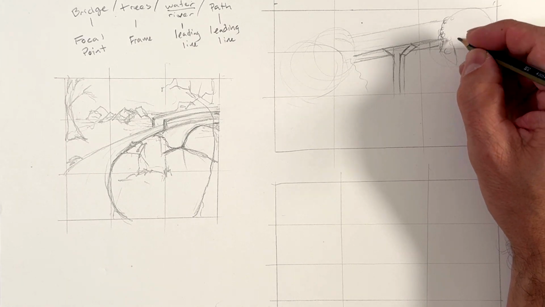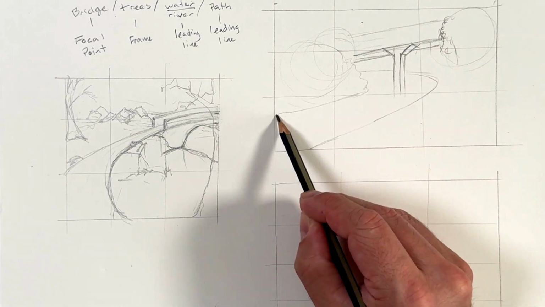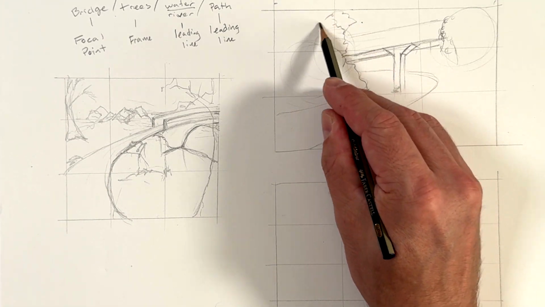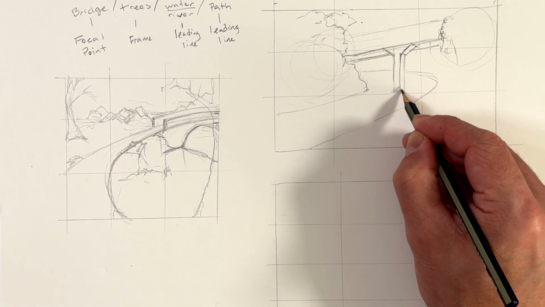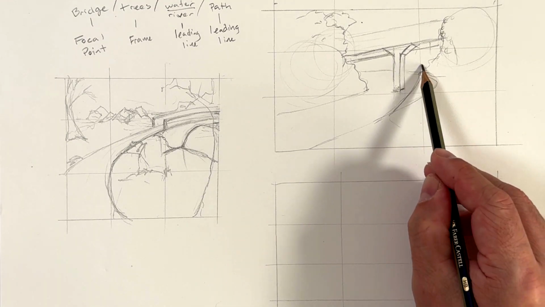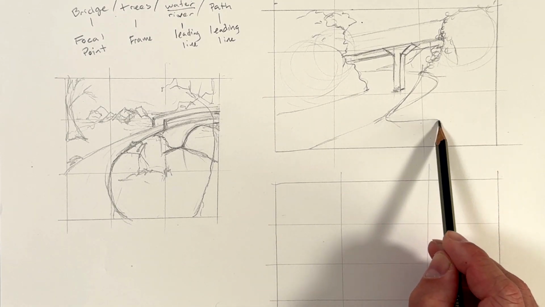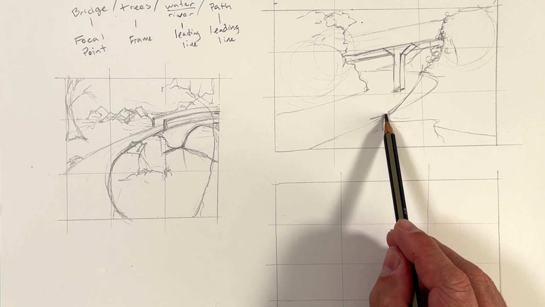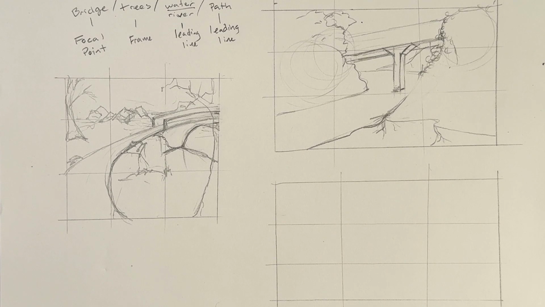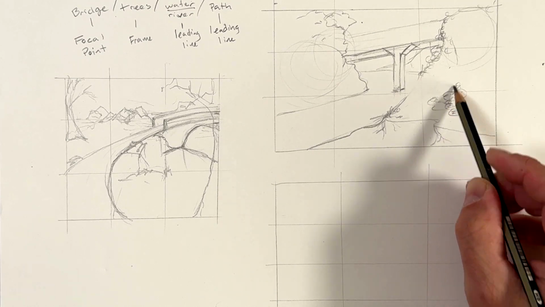We have a bunch of trees. Sort of create a cliff here. Do some bushes.